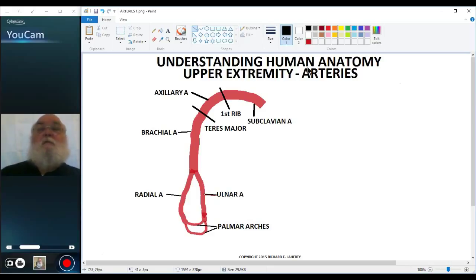Okay, the palmar arches each give off branches that will eventually go to the digits.